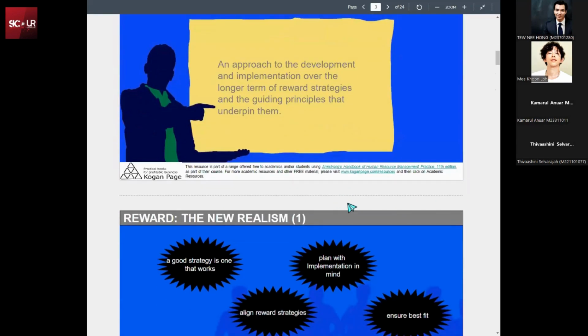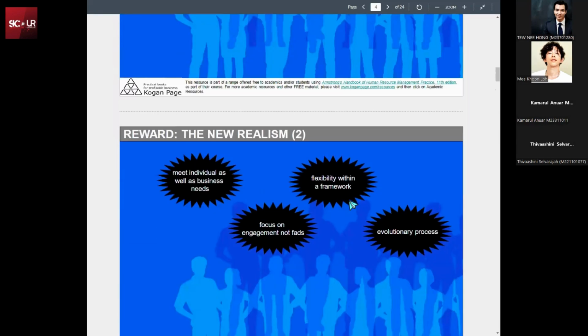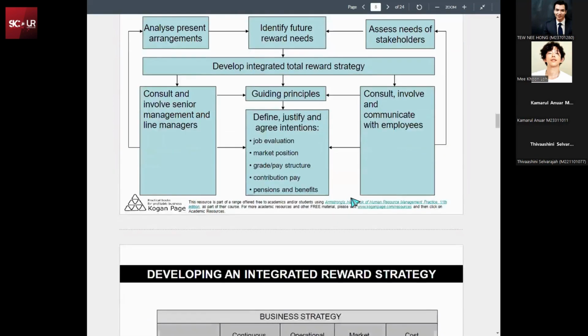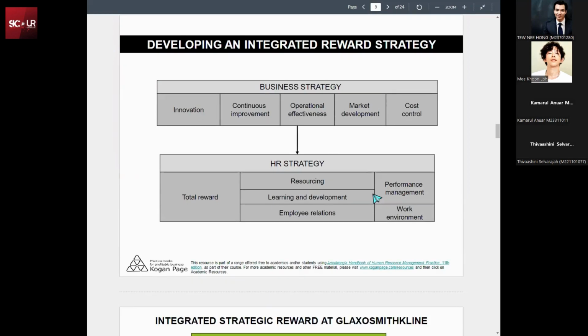Then after that, this HR department will look at resourcing, and then put training and development activity in there, and give some commitment to employee relationships. Okay, this could be possible as industrial relations policy.